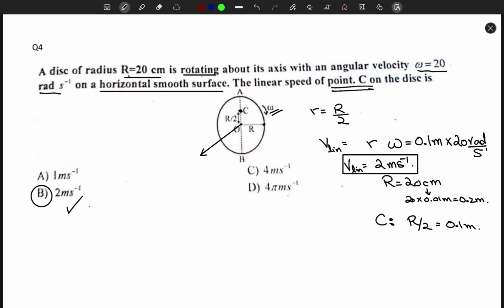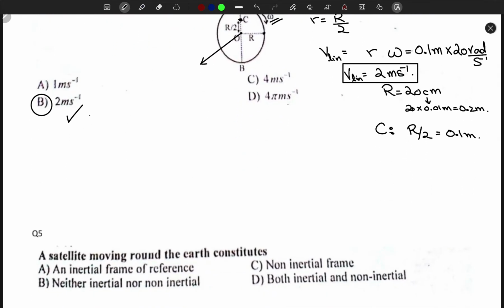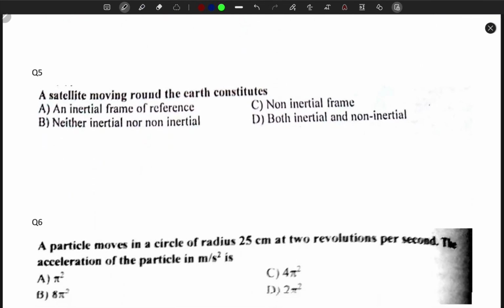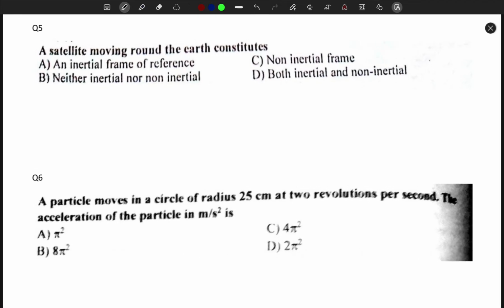Perfect. So now let's move forward to the next question, which is, let's see, it's over here. All right. So we have question number 5, right? And the question reads that if you have a satellite and it's moving around the Earth, it constitutes, we have some options, let's go through them.